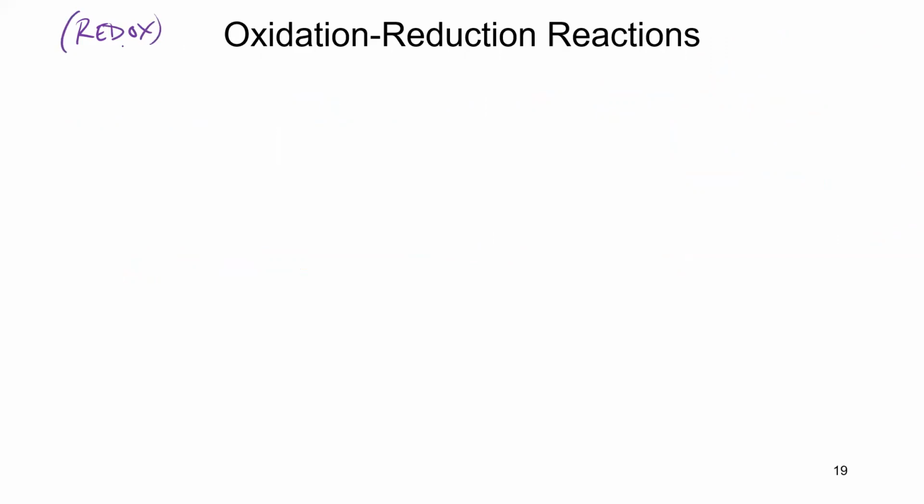I don't know why we switch them when we do the abbreviated version, but we talked about precipitation reactions on Friday, acid base, and redox today. All right. So in an oxidation reduction reaction, really what we're looking at is electron transfer.